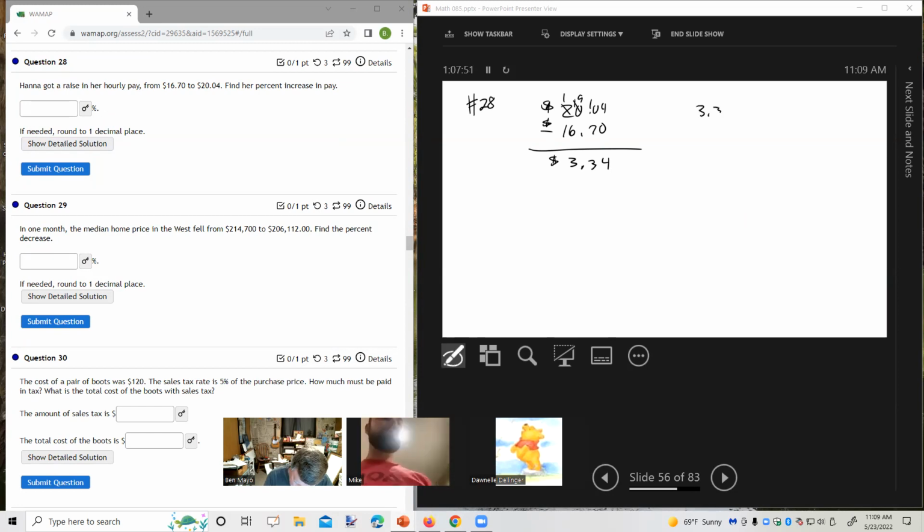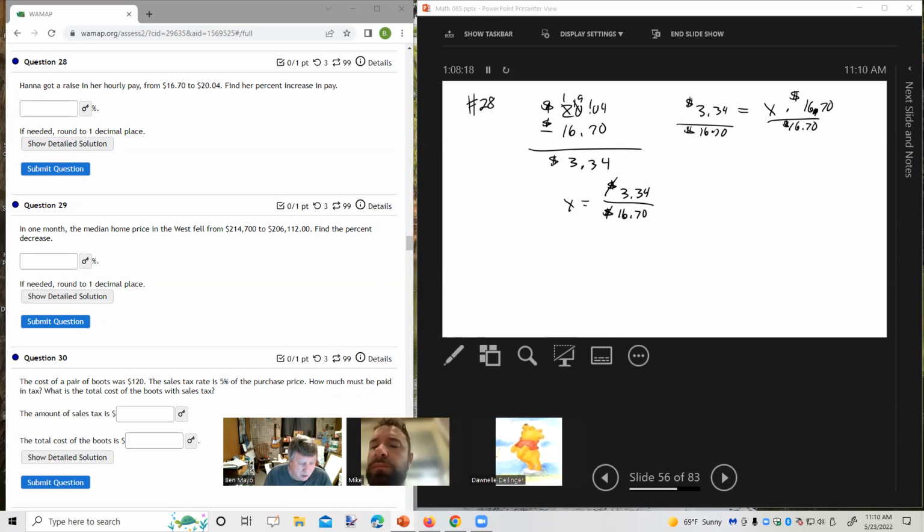So $3.34 is what percent of her original $16.70. So we divide both sides by 16.70. So X is $3.34 over 16.70. We can cross out the common numbers there, okay?